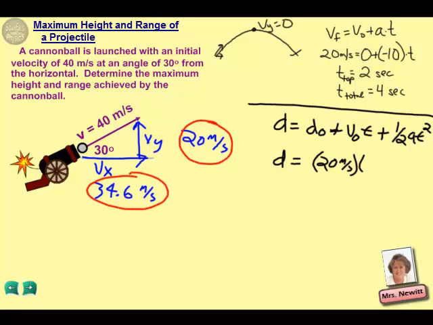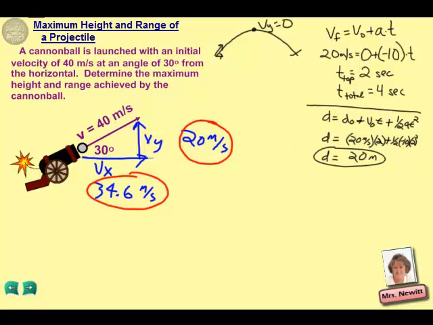And again, we're just interested in the time it takes to get to the top of this. So times 2 plus 1/2 our acceleration of -10 meters per second squared times that same time, 2 squared. And when you calculate that out, you get a distance of 20 meters.